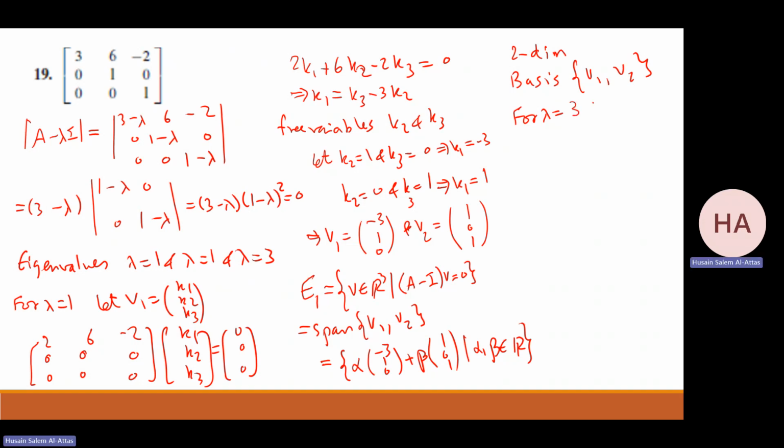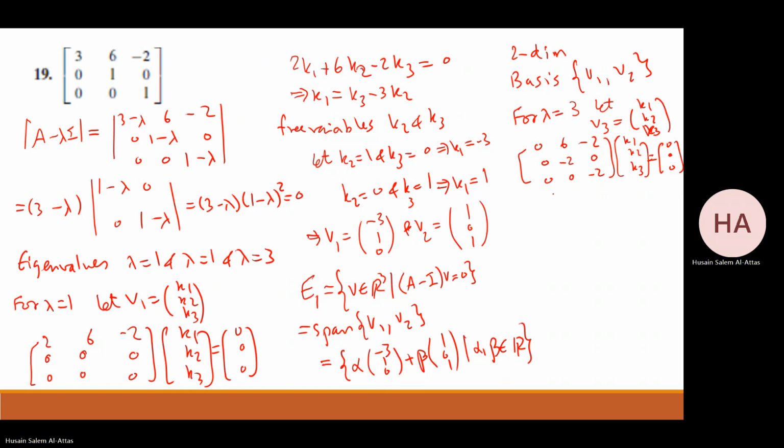Now we'll come to the last one, for lambda equal 3. We solve the system. So I let now V3 to be k1, k2, k3. I have 0, 6, minus 2, 0, minus 2, 0, 0, 0, minus 2, times k1, k2, k3 equals 0, 0, 0.